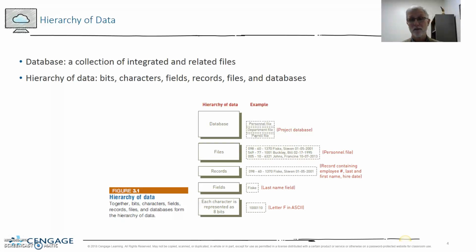Those turn into fields, like last name, first name. Fields then get added to records. If you think about your school or home address, you've got name, address, city, state. All of those are individual fields forming one record.